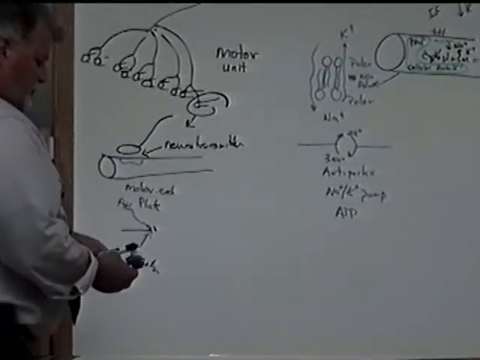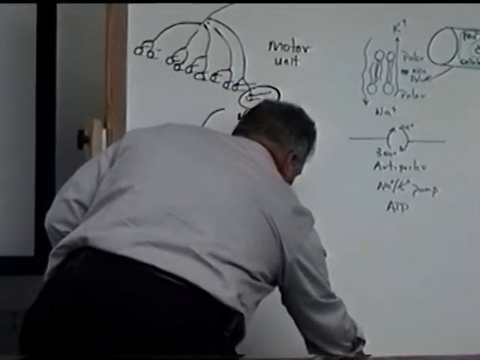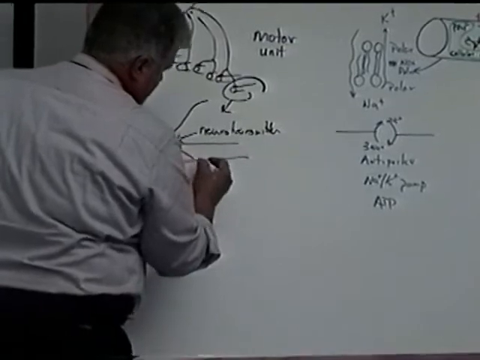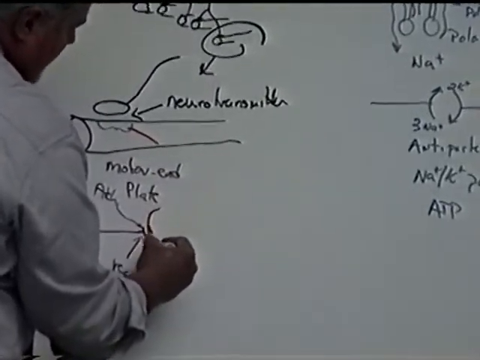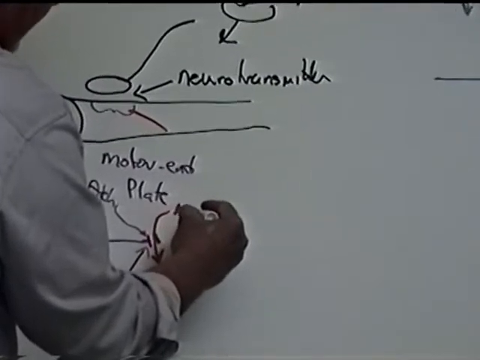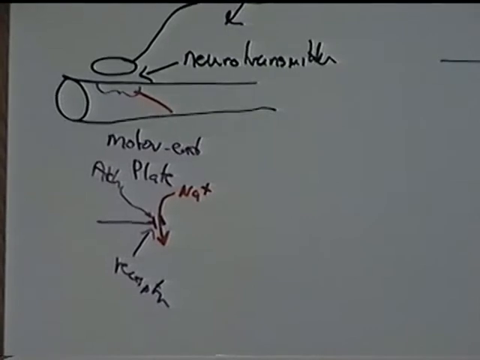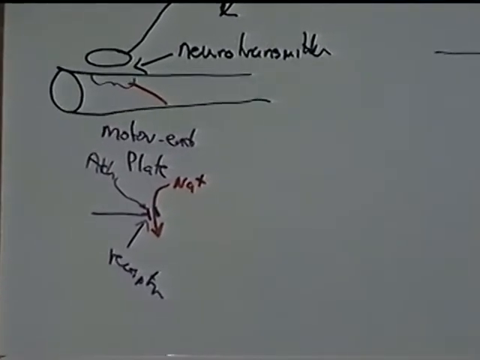If we look at our motor end plate down here, this allows sodium to pass into the cell. What really happens is acetylcholine is going to bind with the receptor.